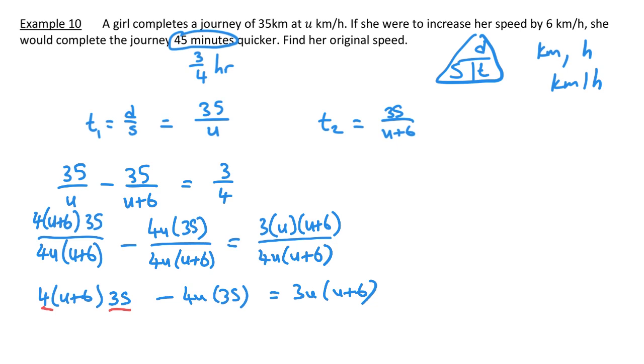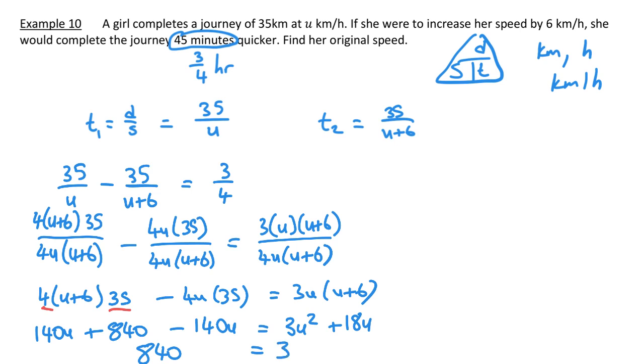And then multiplied by u plus 6 is going to be 140u plus 840, minus, so 4u times 35 is 140u, equals 3u squared, and then 3u times 6 is 18u. The left simplifies to 840 equals 3u squared plus 18u.